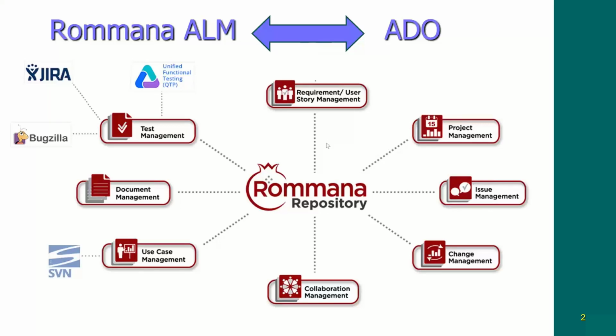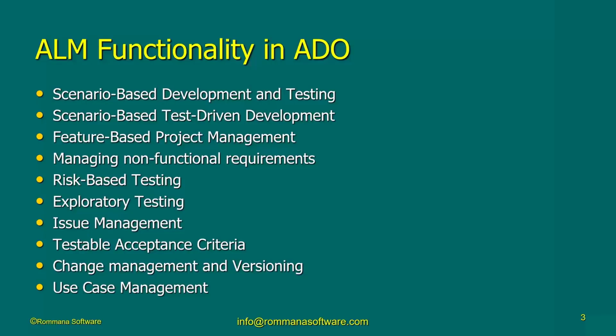You can of course go back and forth between Rommana ALM and your ADO. So once you synchronize your project from ADO to Rommana ALM, and again, one more time, this happens from within Rommana ALM. It does not happen from within ADO. So you actually have to have a license of Rommana ALM in order to do that.